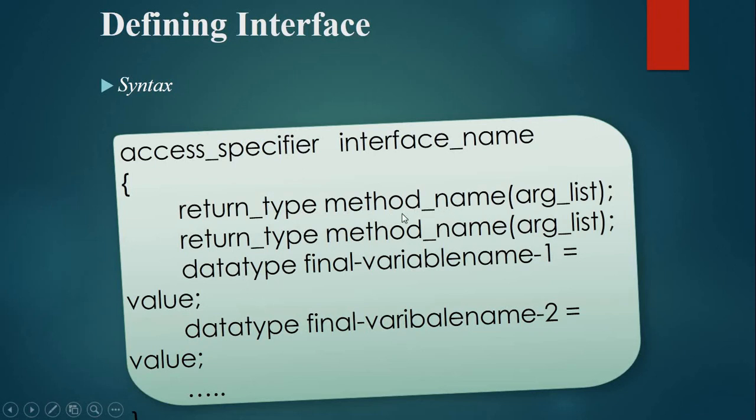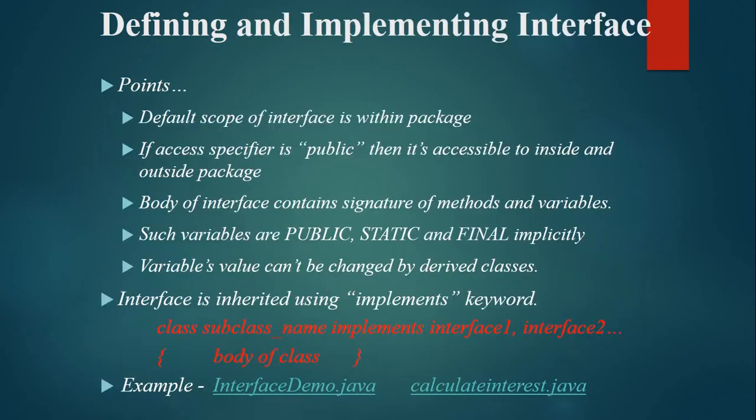Our methods will have only the declaration part, and if we have some variables, then all variables will be final. So this is the syntax of defining an interface. The default scope of an interface is within the package, meaning within the package we can access that interface. If the access specifier is public, then we can access it from inside as well as outside of the package.